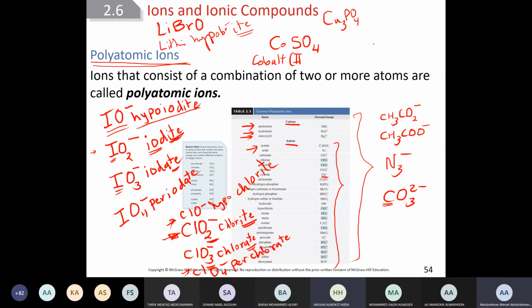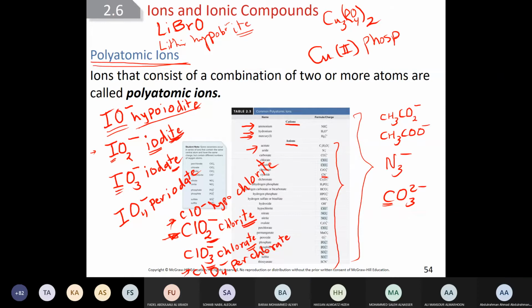Copper 1 phosphate. Copper 1 pyrophosphate. How about this compound? Copper 2 pyrophosphate. It's called copper 2 phosphate. Is this clear?